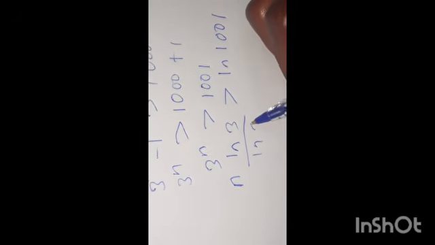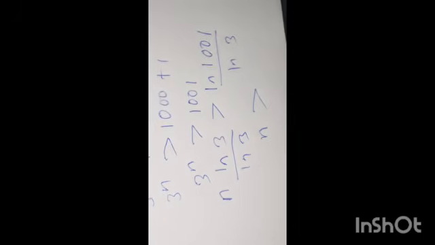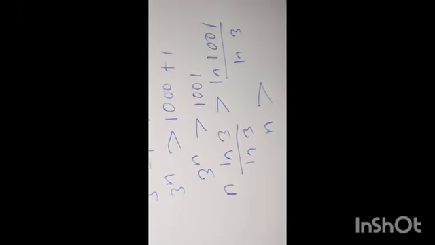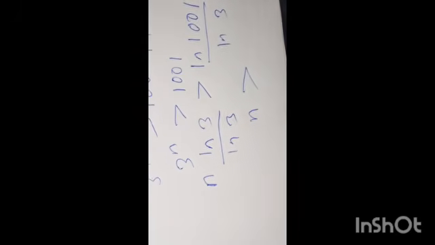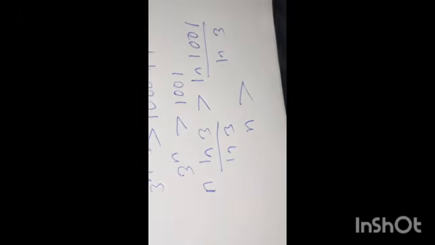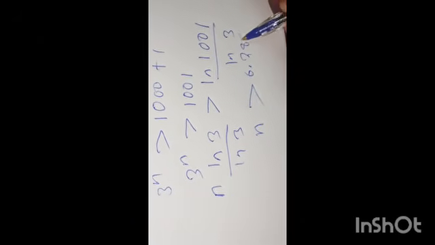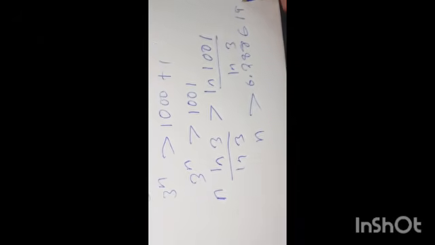Divide by ln 3 on both sides, so our n should be greater than ln 1001 divided by ln 3. So this gives 6.2886190607.